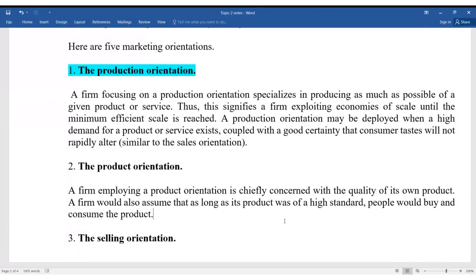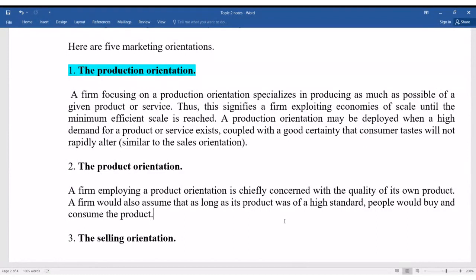Now, what about the challenges of this particular orientation? What are the problems associated with this orientation? Now, one major problem or challenge with this is that it's a concept that is producer-oriented.